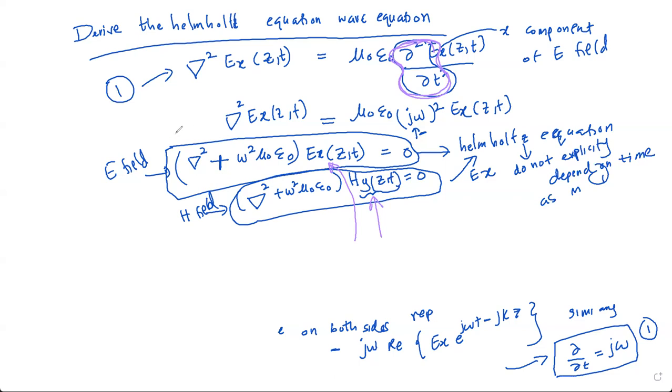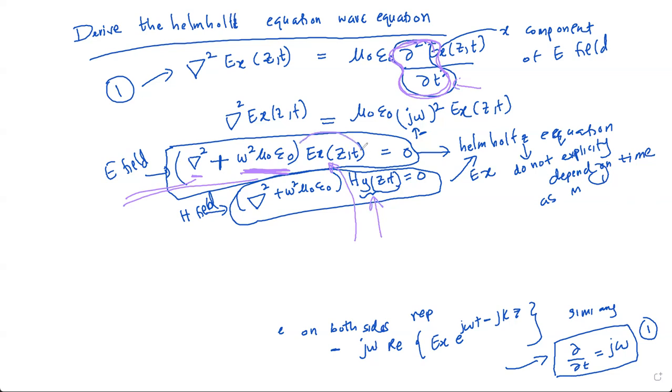However, in the equation we do not have this kind of variation or derivative with respect to time in this Helmholtz equation. So all these parameters do not seem to contain any impact from time. That is what is meant by not explicitly depending on time, right?